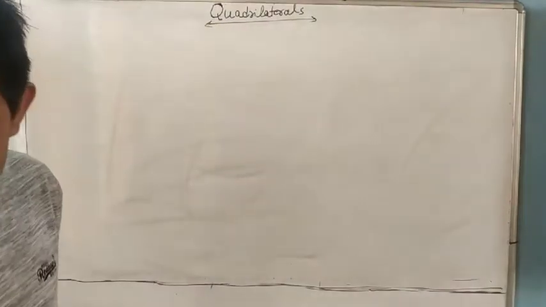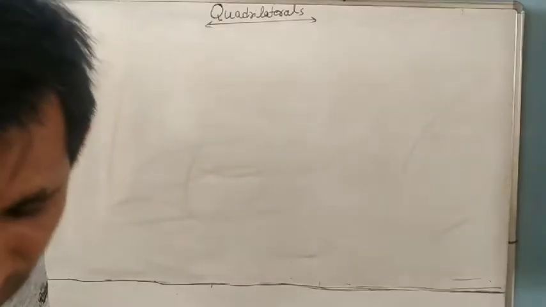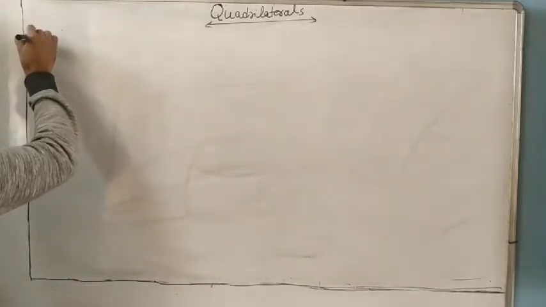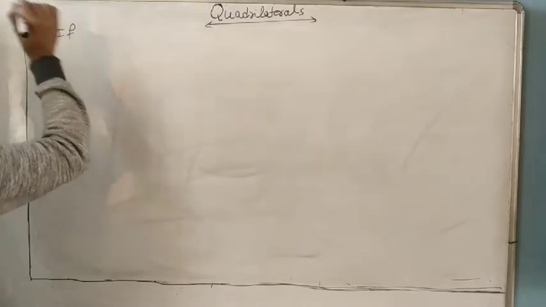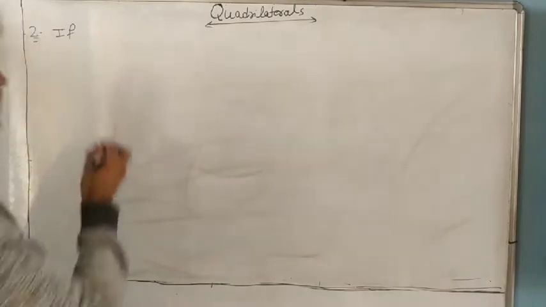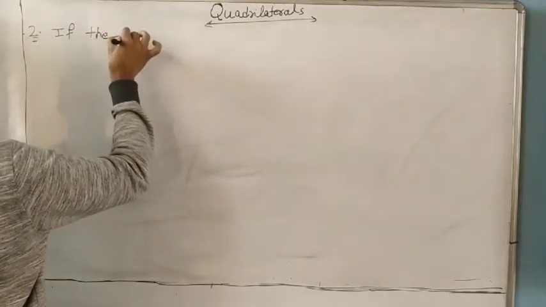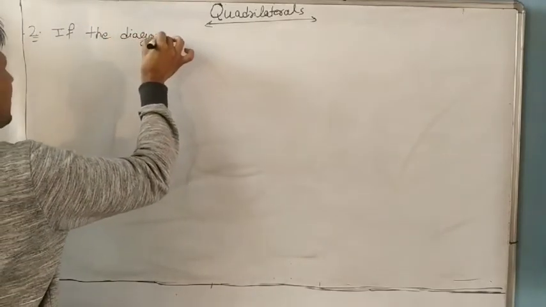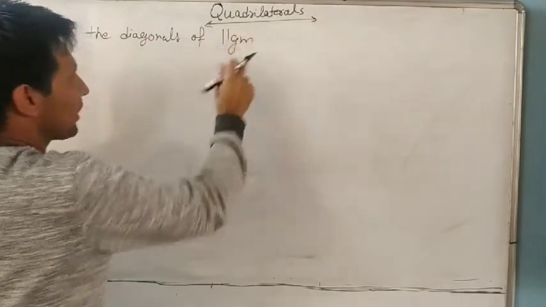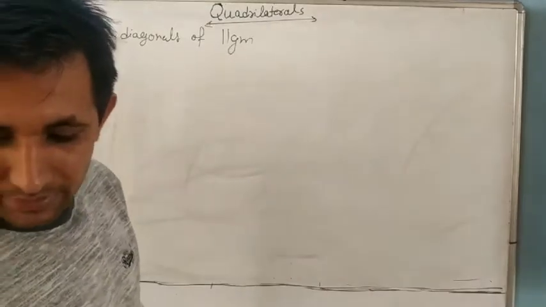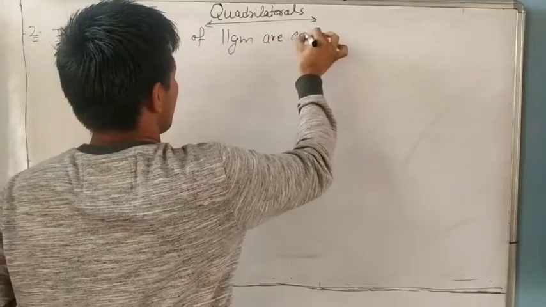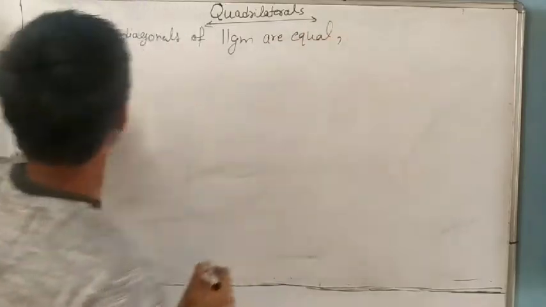Okay. So now the second question is, if the diagonals of a parallelogram are equal, show that it is a rectangle. This is the symbol of parallelogram. It means what is given?